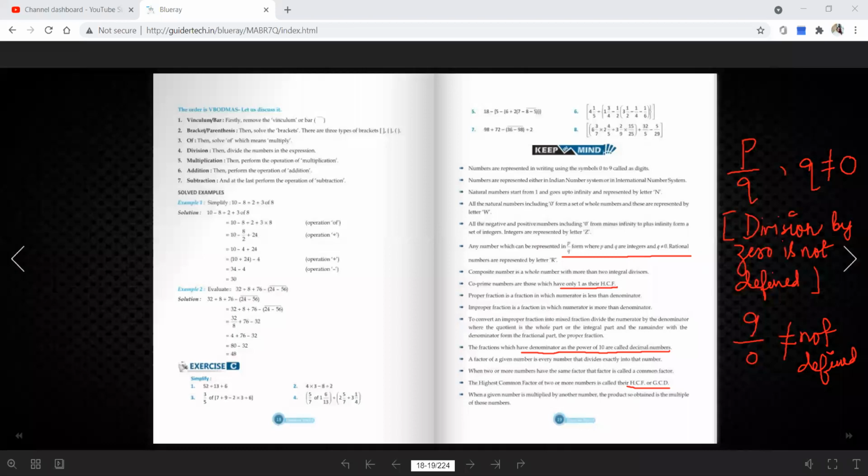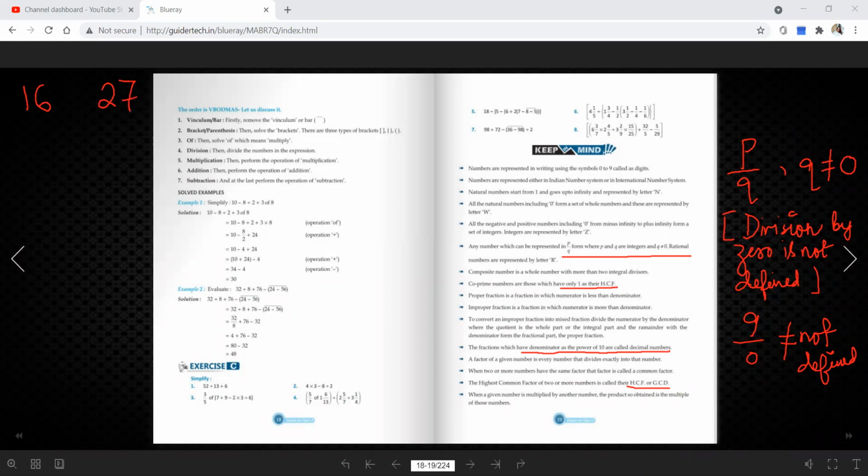Next, co-prime numbers are those which have only 1 as their HCF. First you need to understand the meaning of co-prime. Suppose I take two numbers, 16 and 27.